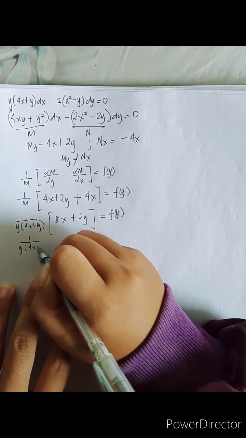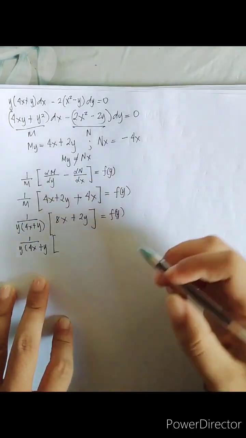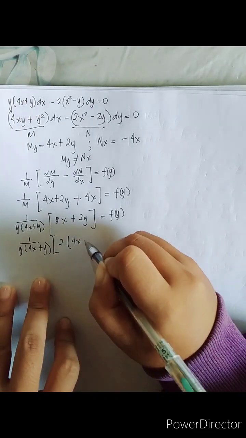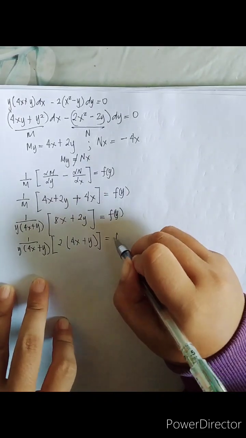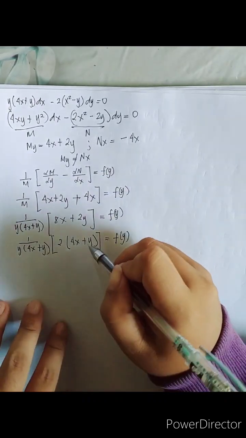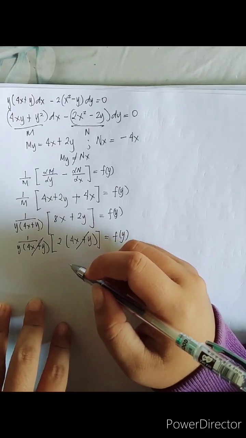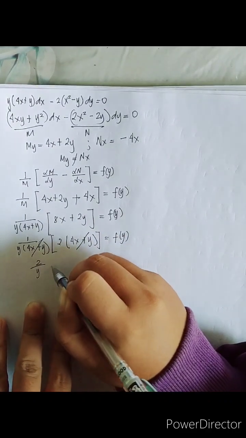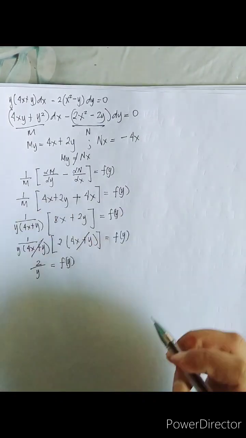This will be 1 over y times 2 times (4x plus y) equals f of y. So the 4x plus y will be cancelled. Multiply 2 to the 1 over y, which will be 2 over y. Then this will be our f of y.